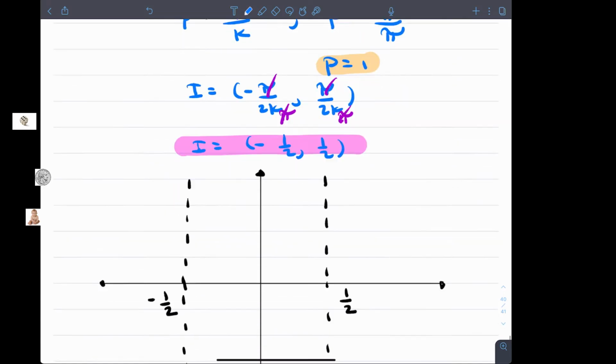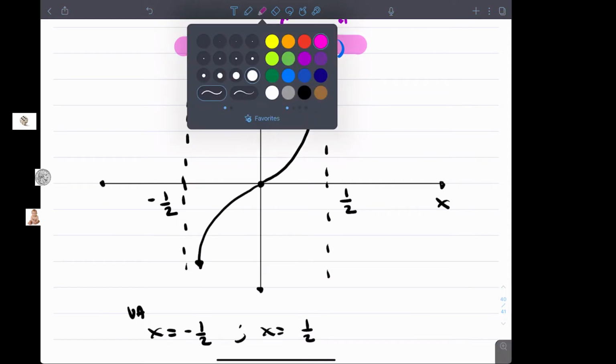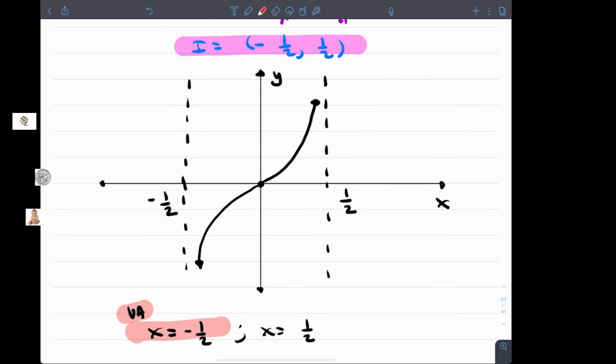It's positive. What do you guys think? Pretty good? Easy breezy, lemon squeezy.